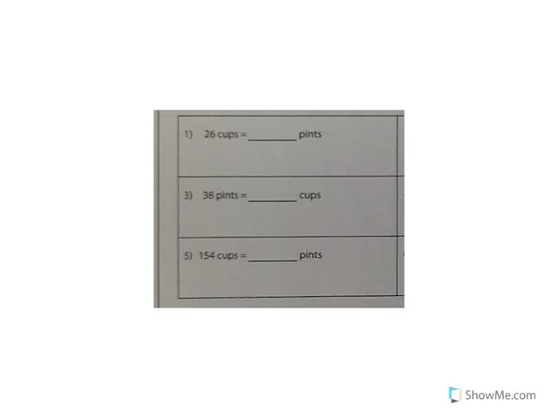In this one, we're converting cups to pints or pints to cups. This one is a little less familiar, so you probably need to look it up. I know I needed to. But 1 pint is equal to 2 cups. That's just a rule, a way of measuring.